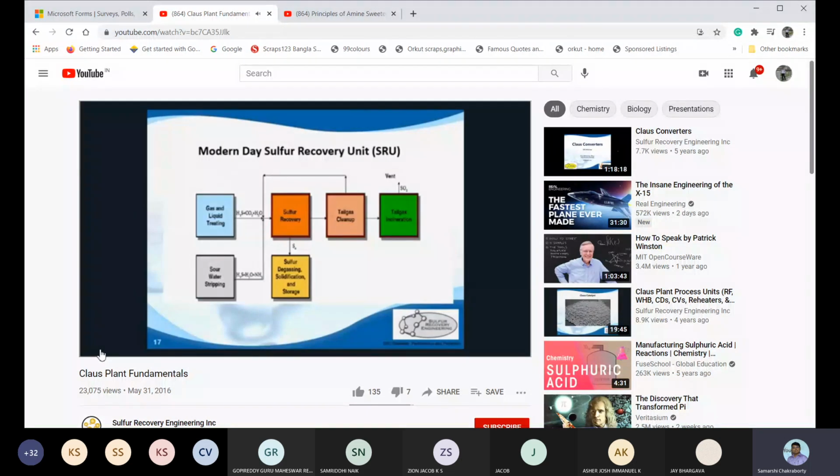And another flow diagram here, we can see our feed streams going into the sulfur recovery unit include the gas sweetening unit, that's the amine unit, and then the sour water stripping unit if we're dealing with refineries. And then most SRUs today use a tail gas cleanup as well to get the efficiency that much higher, hopefully up into the 99 plus range.